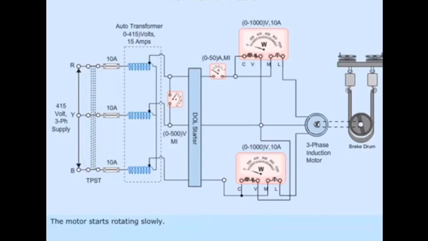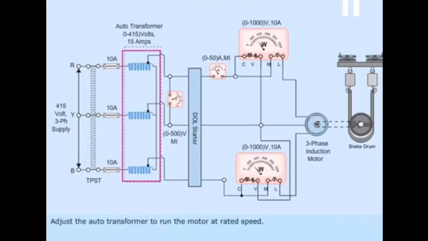We can say that the motor is running freely. By giving the rated voltage, we see that our voltmeter and ammeter values are changing, and the motor is running at its maximum speed. Before that, I have to say one more thing.